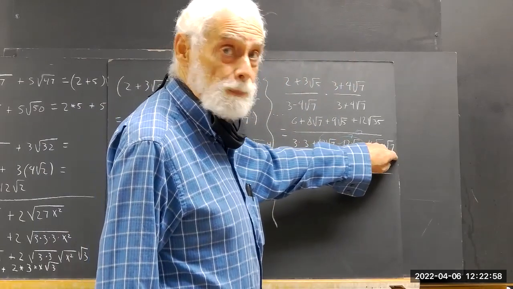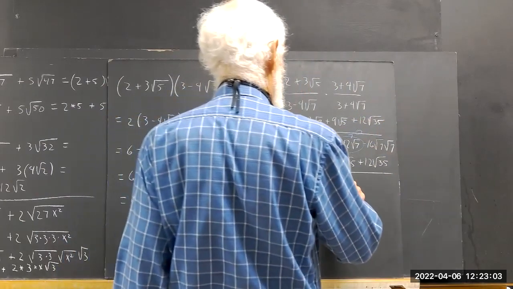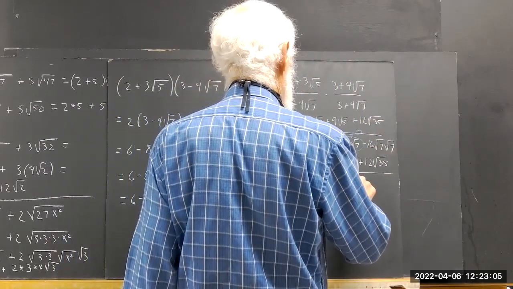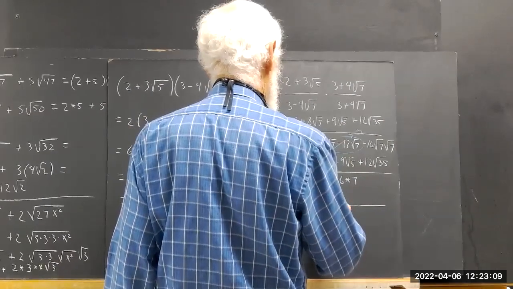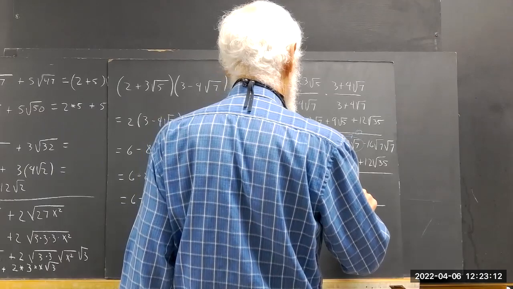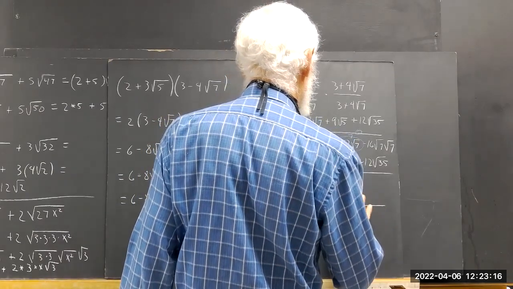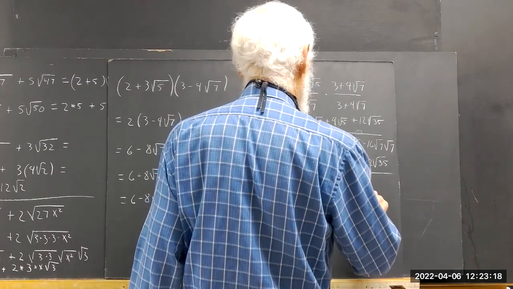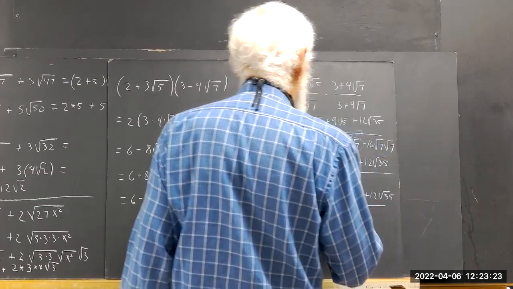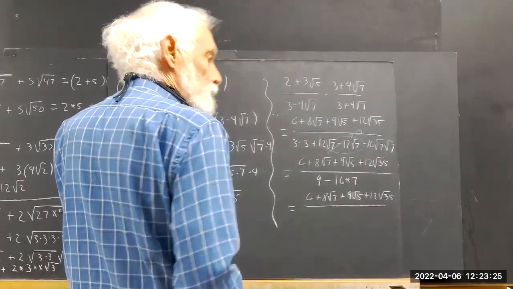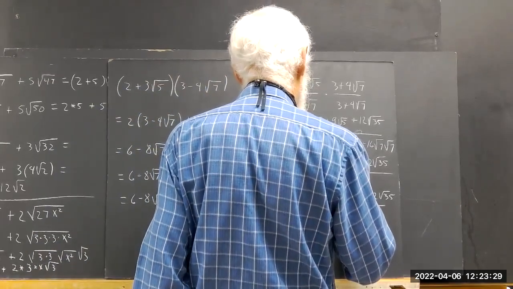What's the square root of 7 times the square root of 7? It's 7. Do the arithmetic. 16 times 7 is 102. 9 minus 102, I believe, is negative 93.